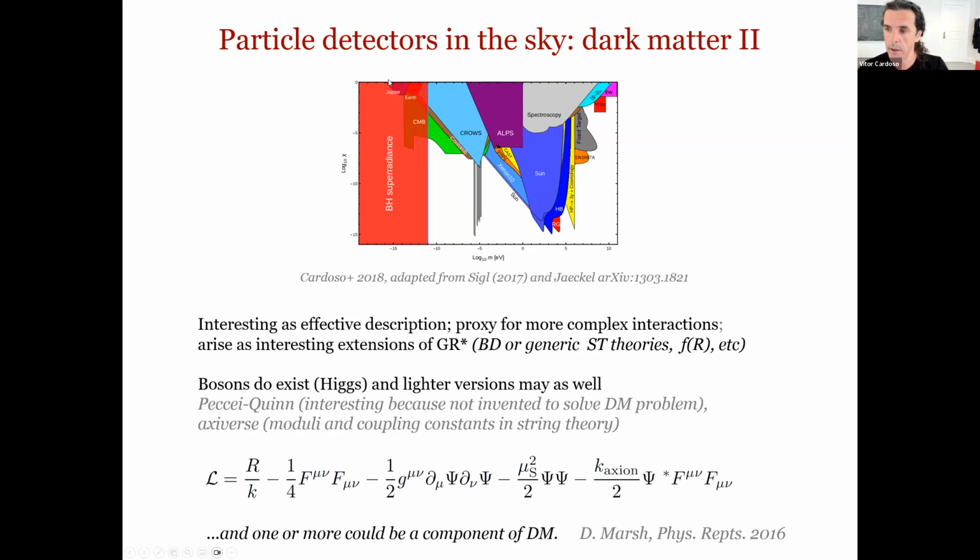This is a typical exclusion plot that we do with ongoing experiments. So you plot the coupling to the standard model on the y-axis and the mass of your degree of freedom on the x-axis. If the coupling is large enough, it's talking to the standard model well, then you're able to constrain that field, that degree of freedom, okay? However, if the coupling is very small, you're screwed if you're looking for it in the electromagnetic band, okay?